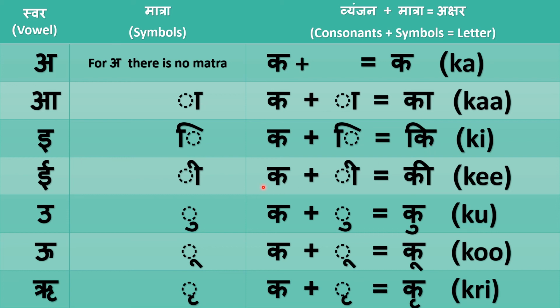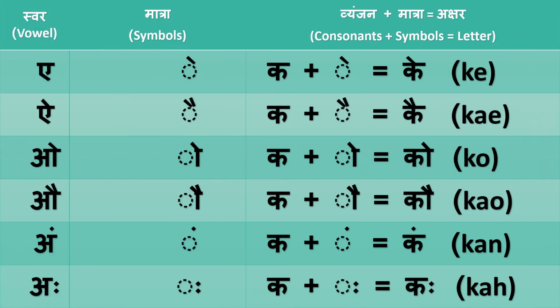K with Ee, Kee. K with U, Ku. K with Oo, Koo. K with Ri, Kri. K with E, Ke. K with Ai, Kai. K with O, Ko. K with Au, Kau. K with Ang, Kang. K with Ah, Kah.